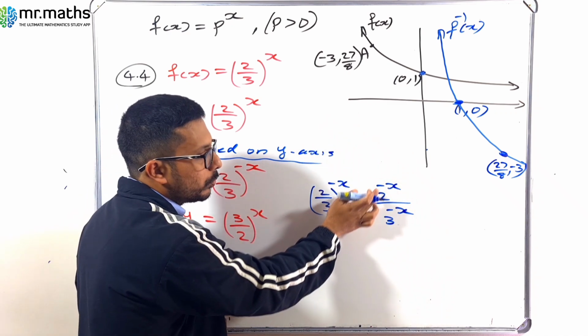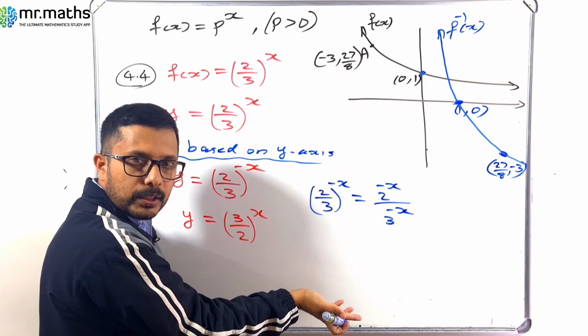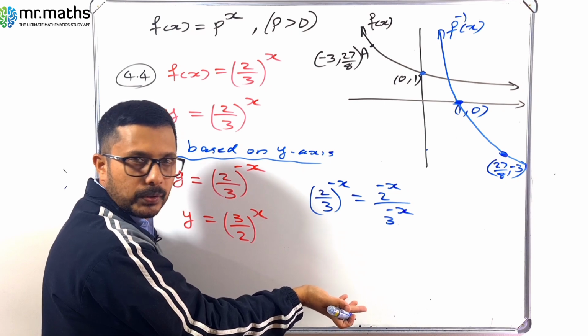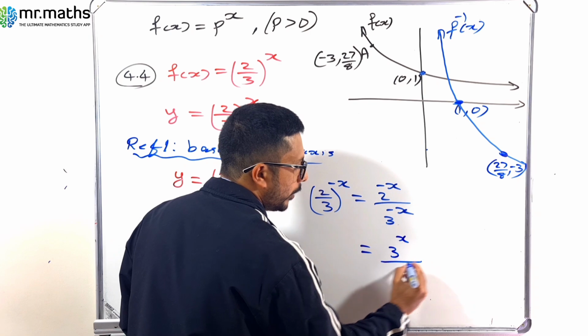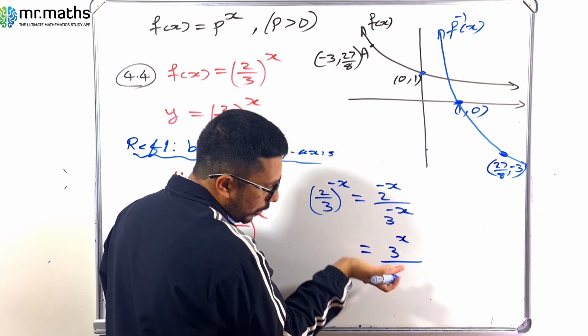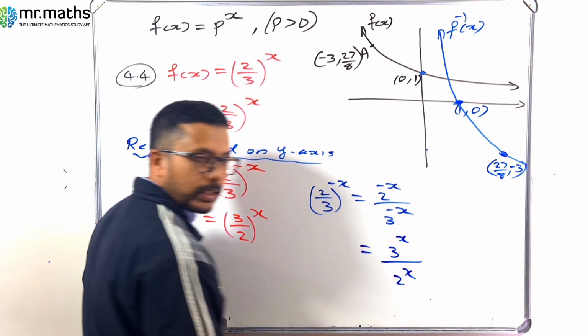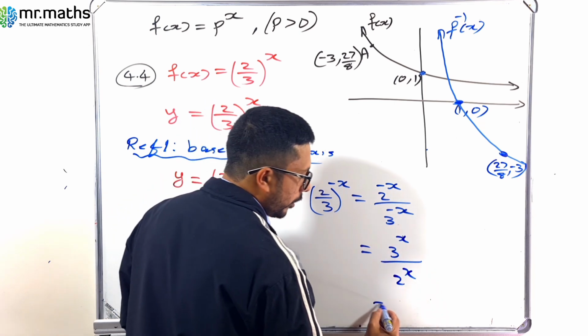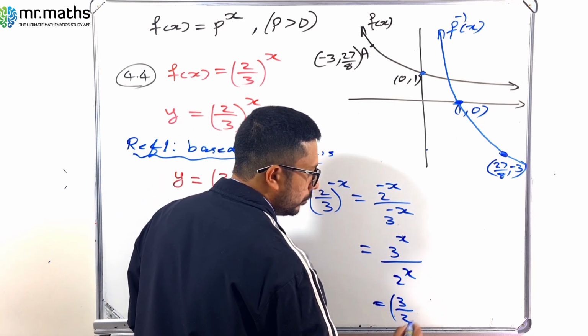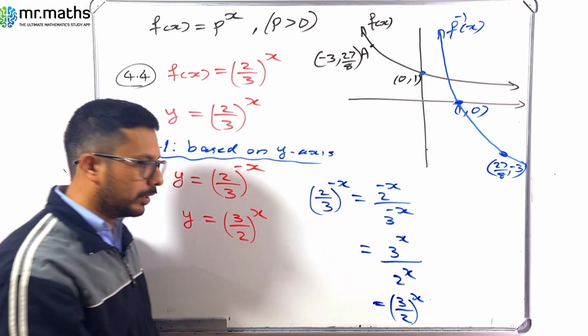Take this 2 raised to minus x to the denominator, it is positive 2 raised to x. Here both the powers are x, so you can write 3 over 2 the whole raised to x.